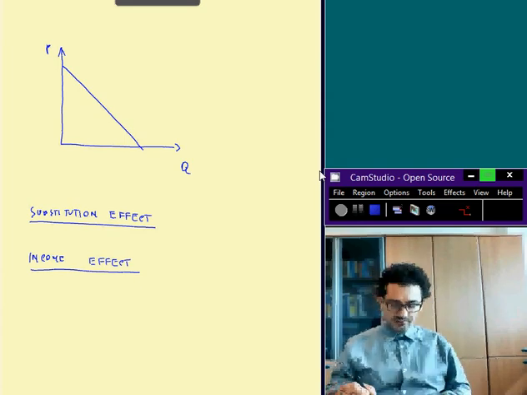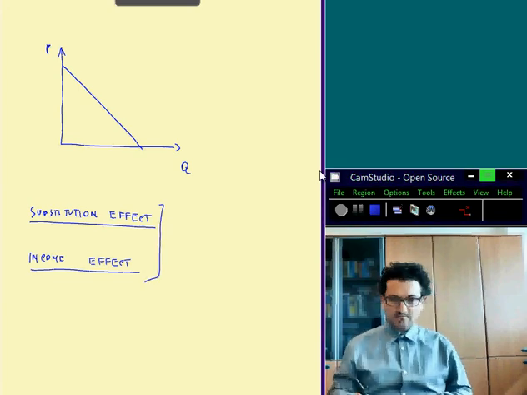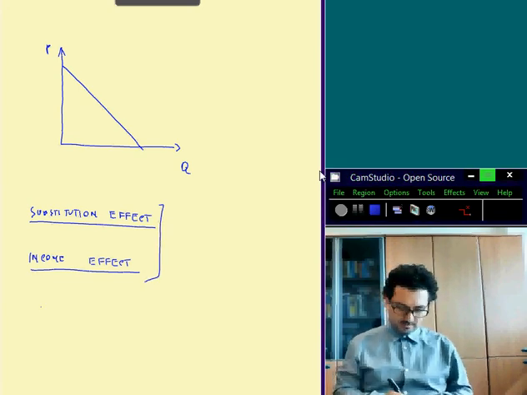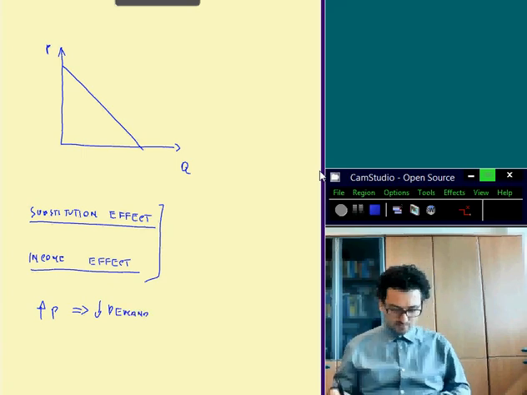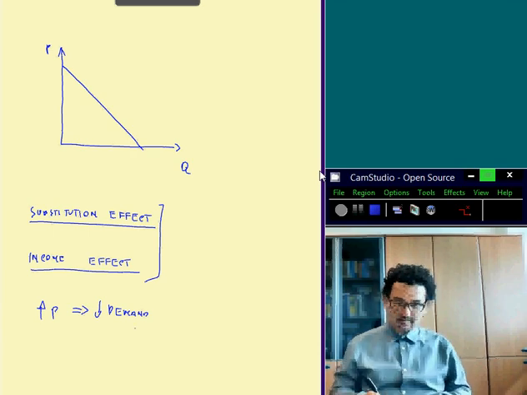So if we consider normal goods, these two effects imply that if we have an increase in price, this leads to a reduction in the demanded quantity. And if we have a reduction in price, on the other hand, this leads to an increase in the demanded quantity.